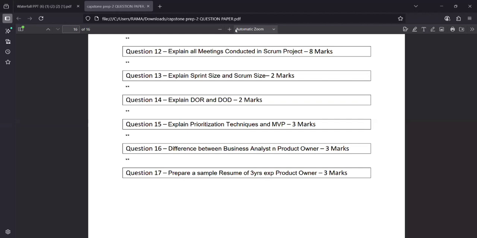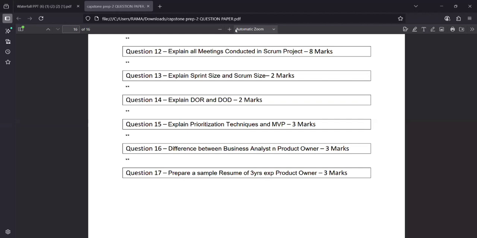The business analyst focuses on functional requirements, processes and detailed specifications. The product owner maintains the product backlog, prioritizes features, defines acceptance criteria, writes user stories and makes business decisions.